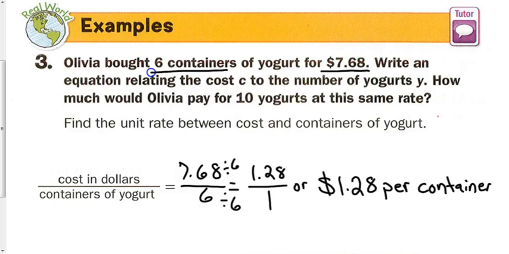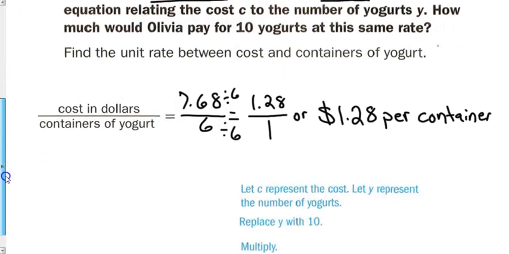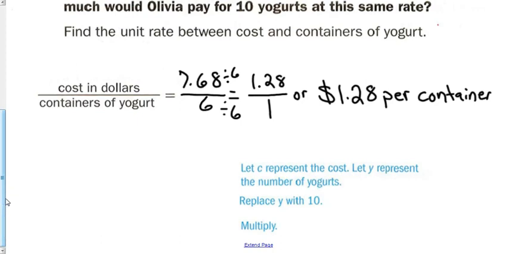Well, if we know that one container costs $1.28, we can write a little equation to find the cost for 10 containers. So C represents the cost. The cost for any number of containers of yogurt would be $1.28 times Y, where Y is the number of yogurts. So for example, the cost for one yogurt would be 1.28 times 1, or 1.28.